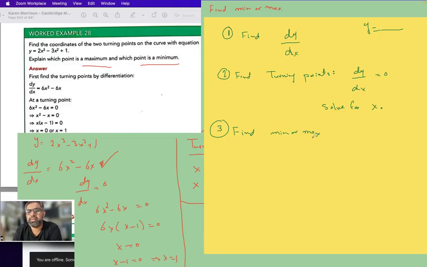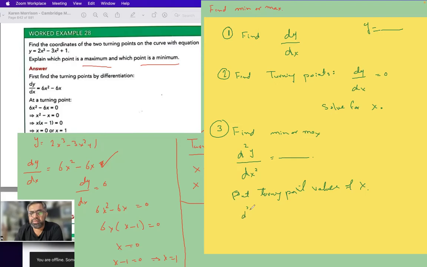So find whether it's min or max. How do we do it? We calculate the second derivative, d squared y by dx squared, what we calculated in the second step. So we have got something. Put the values of x from the turning points. Suppose we have x1, x2, x3, some numbers.